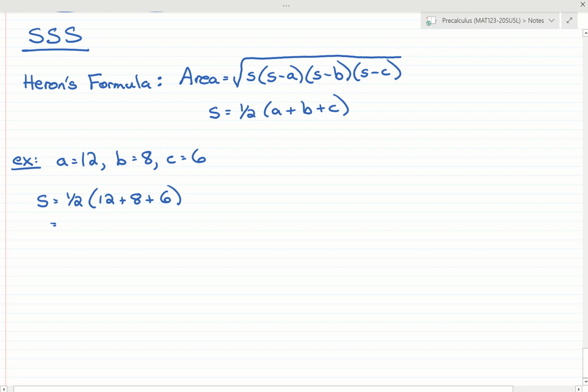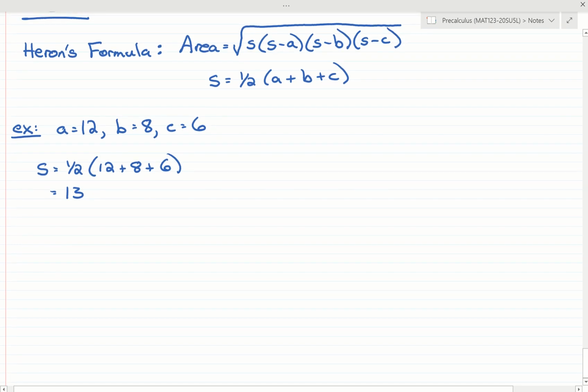So 0.5 times 12 plus 8 plus 6 is 13. So then finally, to figure out the area of this triangle, it would be 13 times 13 minus 12 times 13 minus 8 times 13 minus 6.